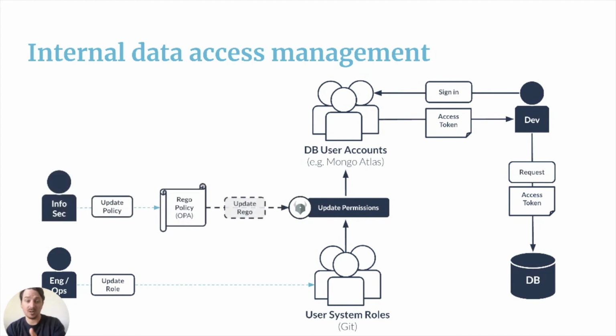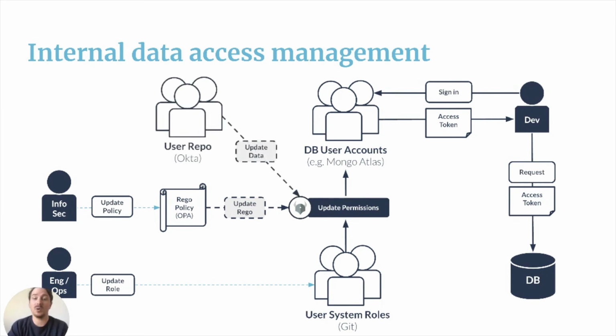So we have this policy in place which checks to make sure that they have a background check, and we want to grab that information from a repo about that user, for example Okta, which will be managed by the IT or HR team that will update and keep that information about our internal team.